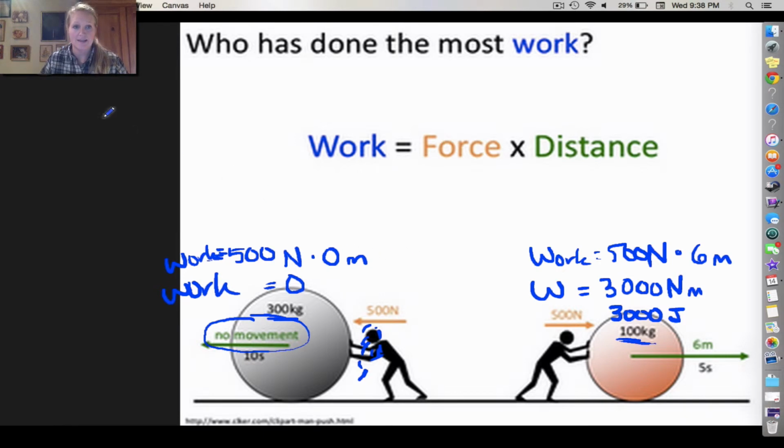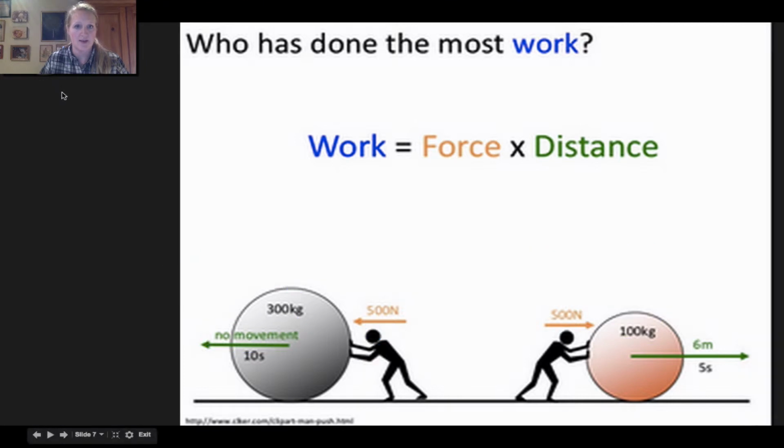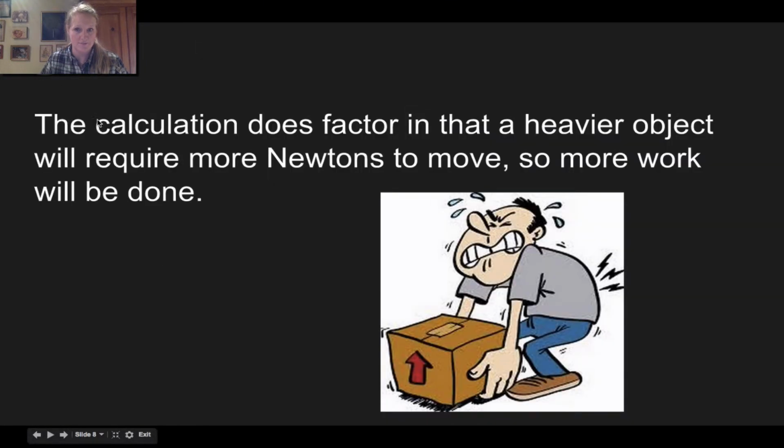Now, there is a tiny little nuance on that. These people are pushing it in this direction, so they're putting the energy and the force in that direction. However, one thing before I say that, is the calculation does factor in that a heavier object will require more newtons to move.